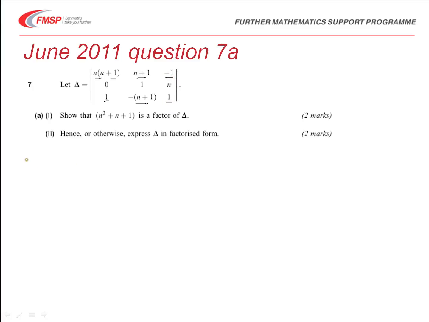So if we take row 1 and add row 3, we know row operations do not change the value of the determinant, and so the determinant will then be equal to n squared plus n plus 1, 0, 0, second row will not change, and the third row will not change.